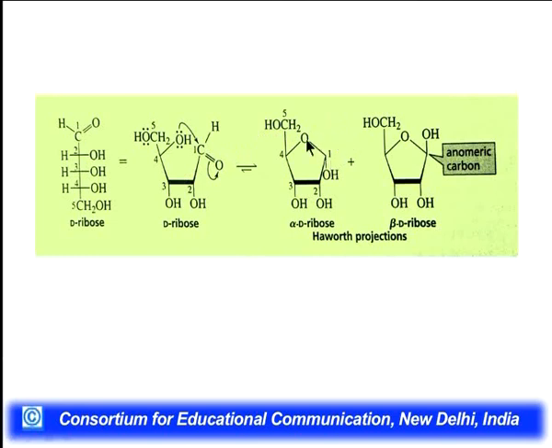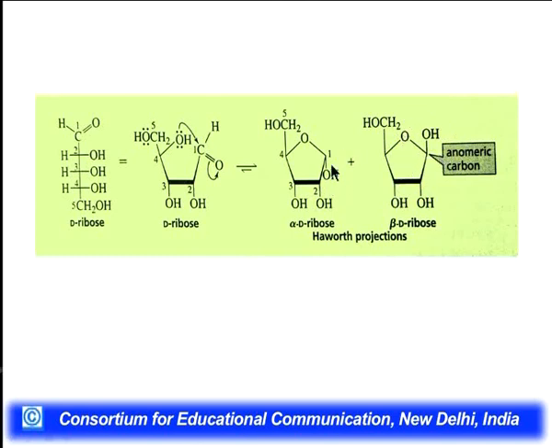So what we find here is that when we have done the cyclization, again we are getting two anomers. In one, the OH is on the opposite side of the CH2OH, that is trans to CH2OH, which is the alpha D ribose, that is, the OH is on the lower face, whereas in beta the CH2OH and the anomeric OH are on the same side, and this represents the two anomers.